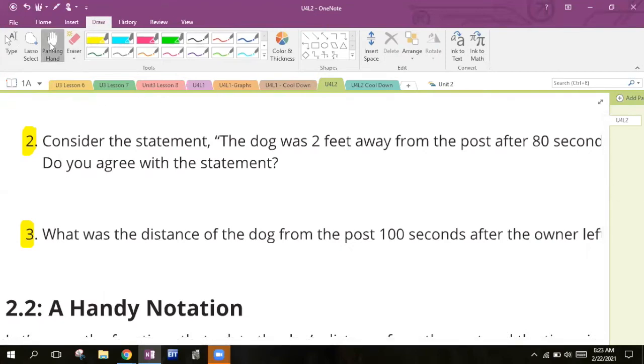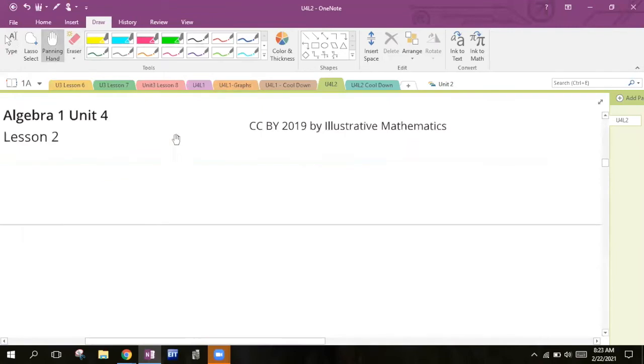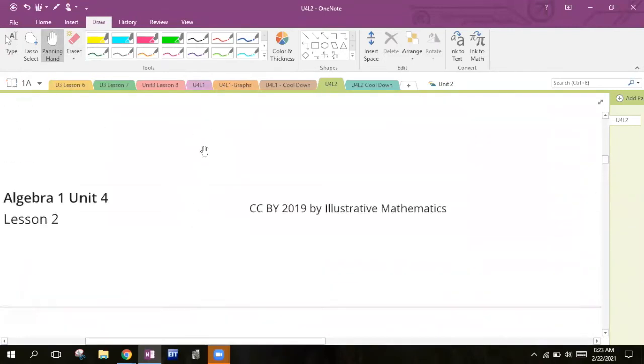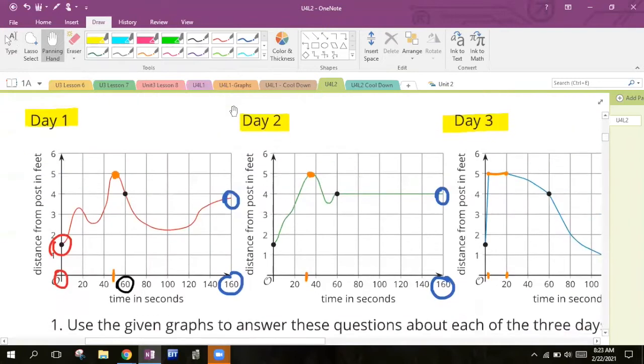So if we look up here, what was the time? 2 feet after 80 seconds. Okay, so right here, or let me use pink. Okay, so we've got 80 seconds. Is the dog 2 feet away right there? Nope. Right here, is he 2 feet away? No. Nope.